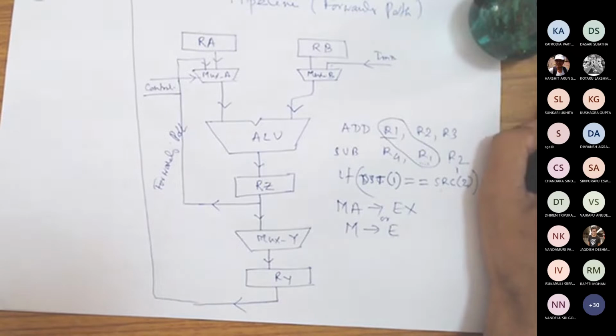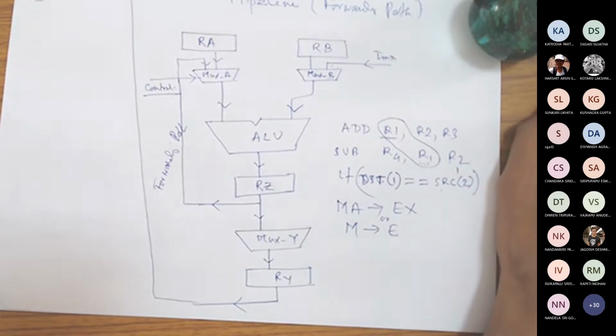16 batch 1022. Yes, sir. 1036. Jitin. 1038 18 batch.